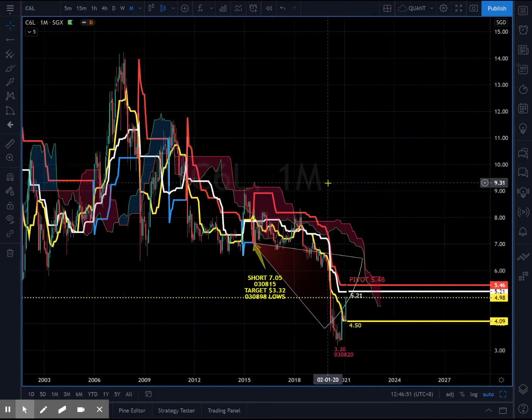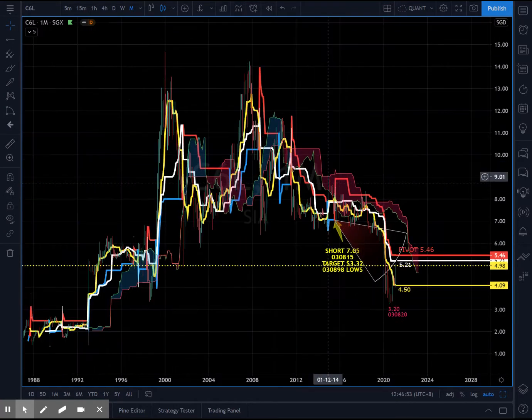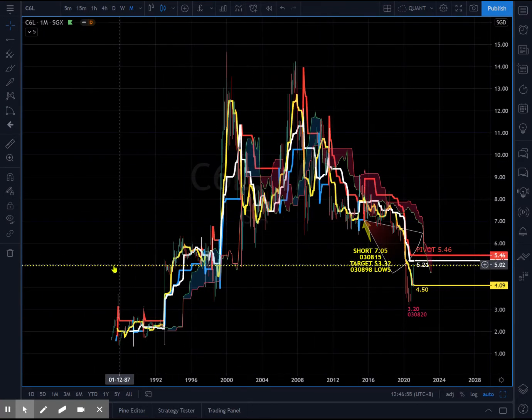On a longer term basis, if you look at the Singapore Airlines chart starting from 1988, which is 33 years ago, Singapore Airlines had a very nice run all the way to almost $14.80, and thereafter during the 2003 SARS, it hit levels of about $6.